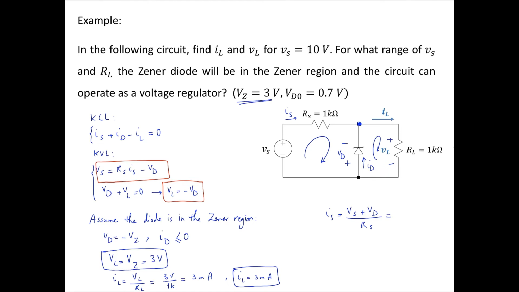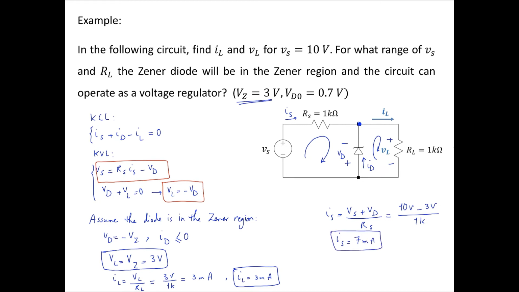VS is equal to 10 volts and VD is equal to negative VZ, because I assumed that the diode operates in the Zener region. That's going to be negative 3 volts. So I have 10 volts minus 3 volts divided by RS, and RS is equal to 1 kilo ohm. From there, IS is equal to 7 milliamps.